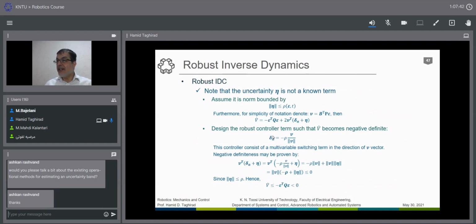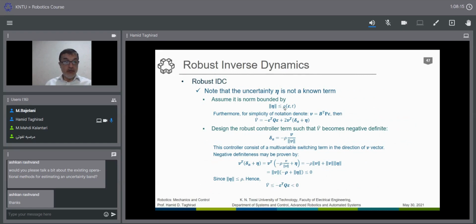We design a controller. We don't just cancel this by that. No. We use a delta to make the effect of this always non-positive. It becomes always negative. We consider delta as a negative value.